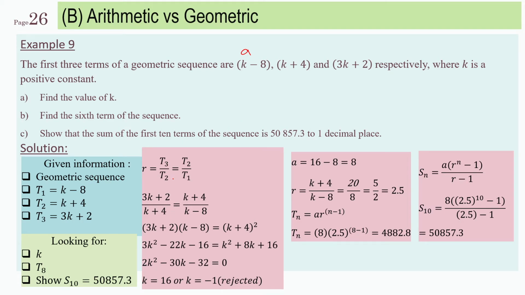I use t3 over t2 and t2 over t1, so I equate the ratios, then cross multiply and solve this quadratic, and I got two answers. This question is very smart. They already told you that k is positive, so you must reject k equals negative.